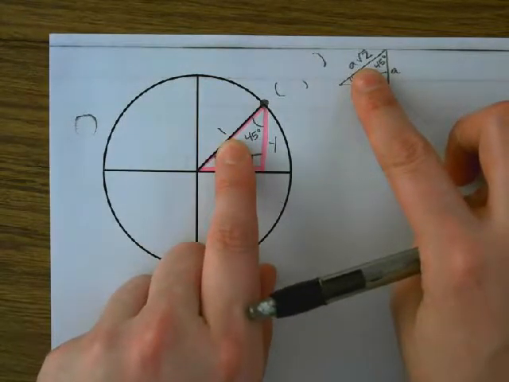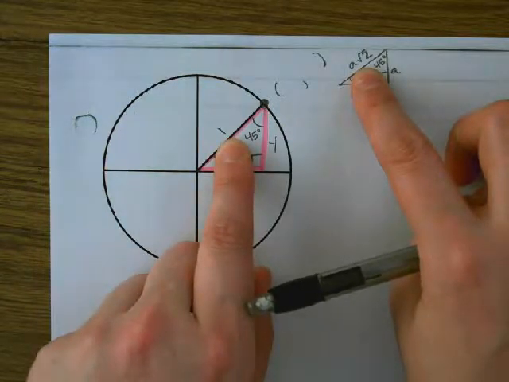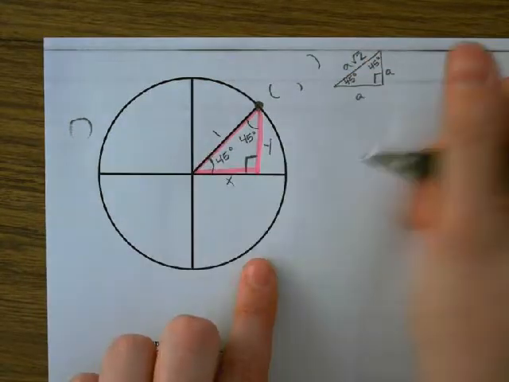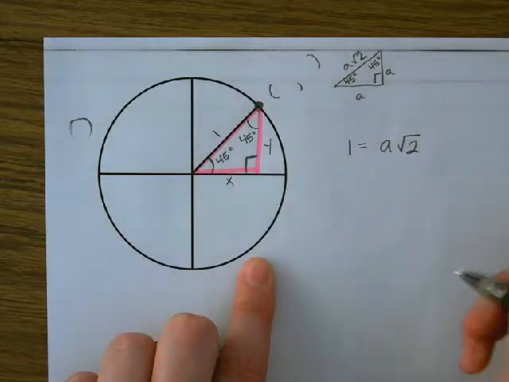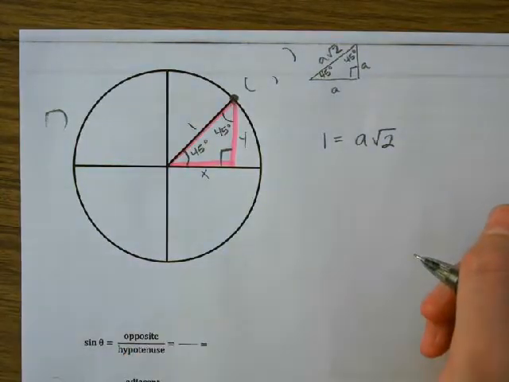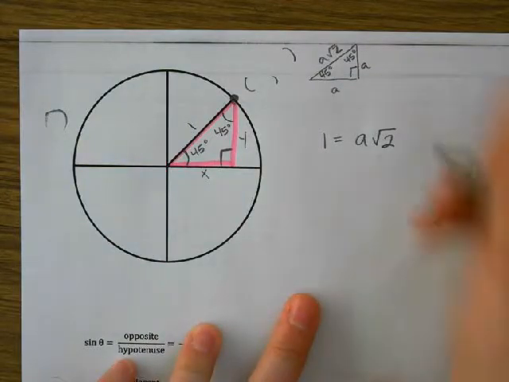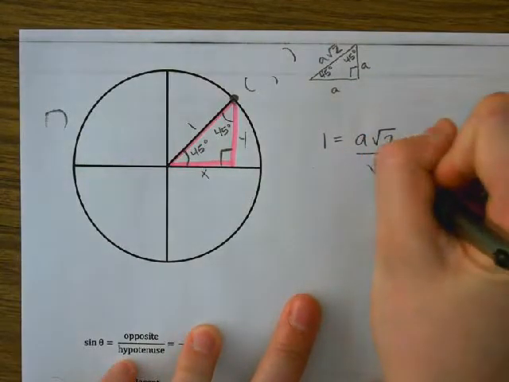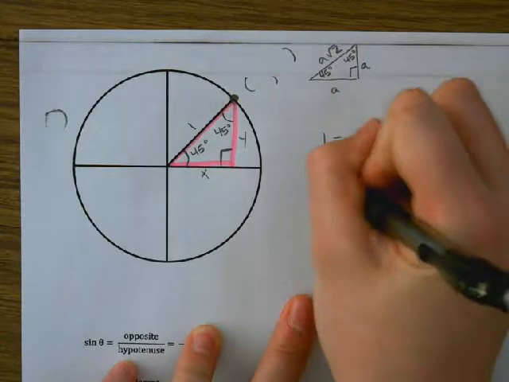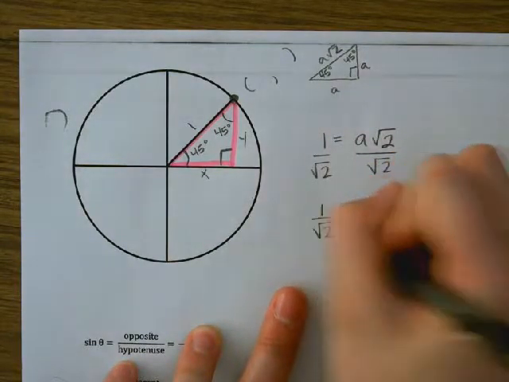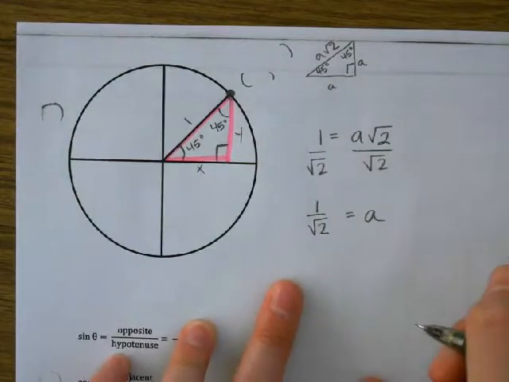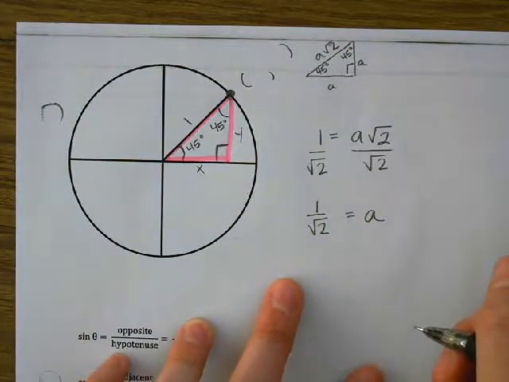So what should I do to figure out what a equals? 1 equals a square root 2. How do I get a all by itself? Divide by square root 2. So 1 over square root 2 is what a equals. Is that a proper answer for a?